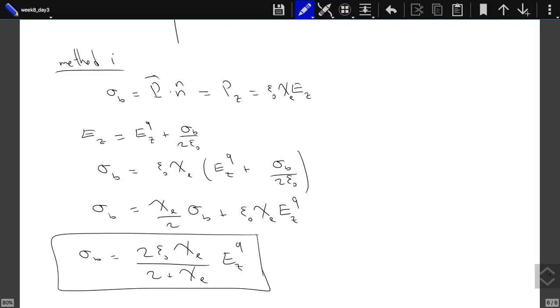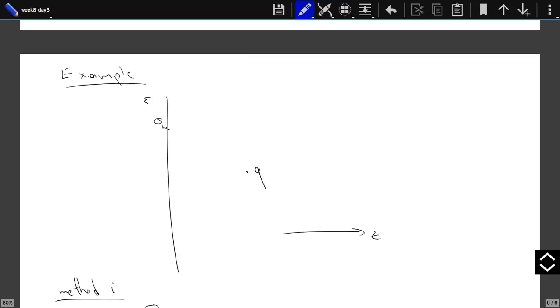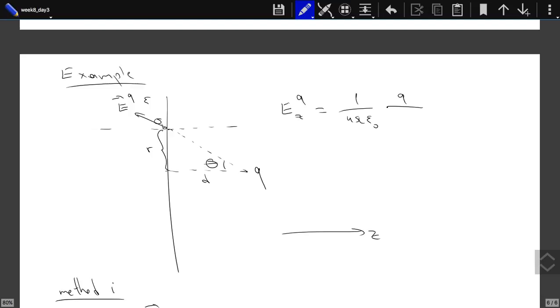What is Ez due to the charge? Well, at this point, let's say this distance is d, and this distance, let's call it r. The electric field will be in this direction. Let's say this angle is theta, this is E_Q. E_Qz will be nothing but 1 over 4 pi epsilon 0 Q over the distance squared, which is r squared plus d squared, times cosine of theta.